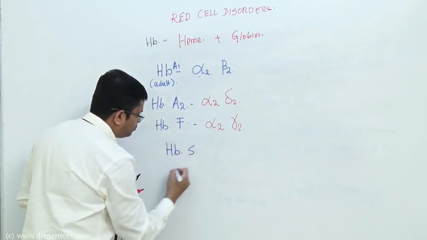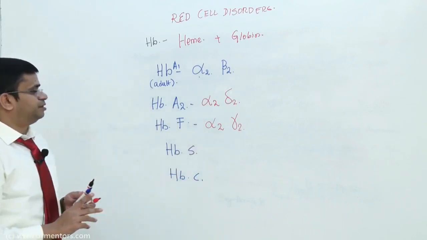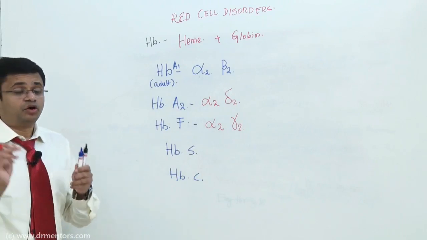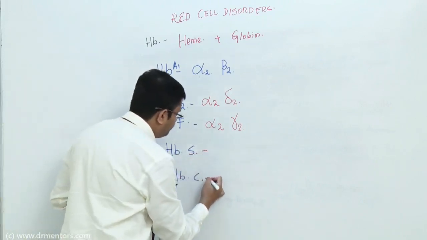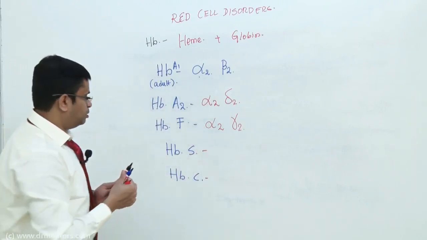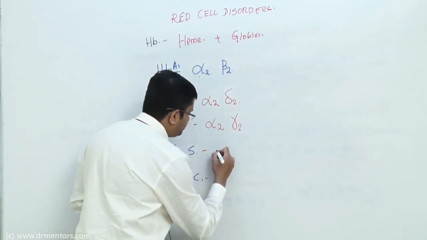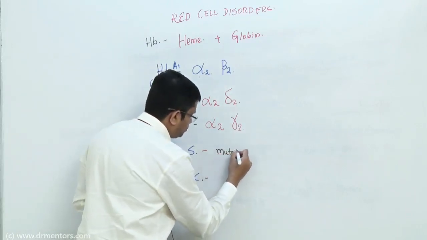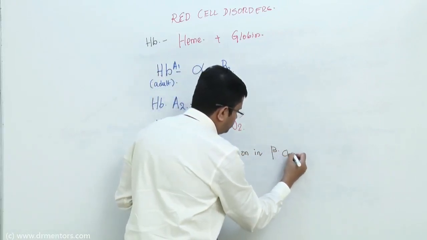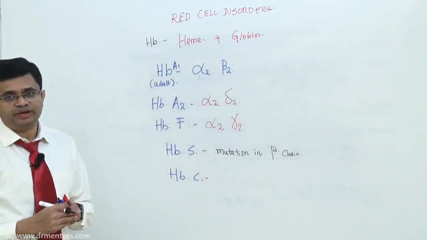Hemoglobin S, hemoglobin C. They don't have any change in the alpha and beta chains as such, but they all have one thing in common: a mutation in the beta chain. Where do you have the mutation in the beta chain?